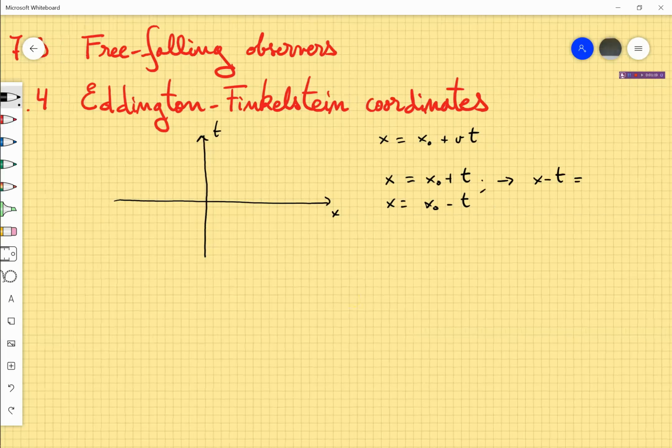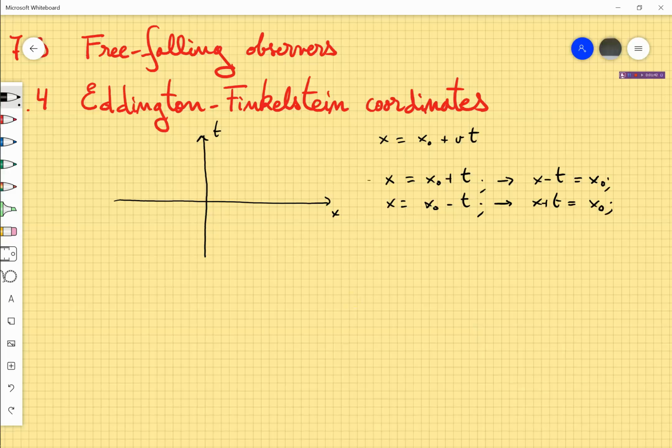Okay, I can write this combination is always going to be the constant x0, the initial position, which is the integration constant here. Now let me draw them.